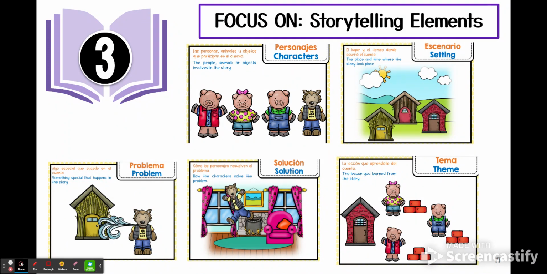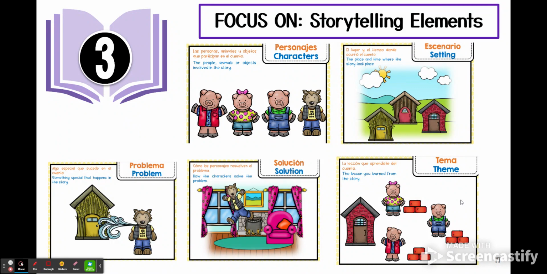So that is something special, something in the story that happens that needs to be fixed in some way. And then, of course, every problem, we try to find a solution, right? How do the characters solve the problem? Every great story has a problem and solution.